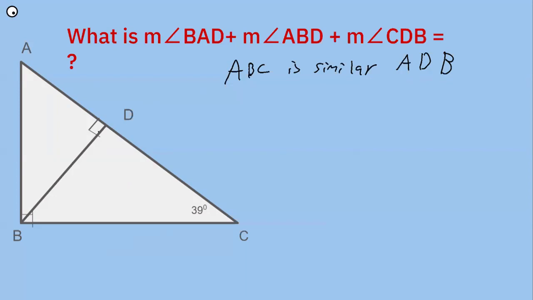Let's start with the big triangle ABC is similar to, okay, so let's start with angle C. Angle C is equal to angle C, so that's corresponding, C to C. And then angle B is the right angle, and angle D is again the right angle, so it's going to be D. And then angle A is now replaced by this part of angle B, so it's going to be B. And through the transitive property, you can say ADB is similar to BDC.